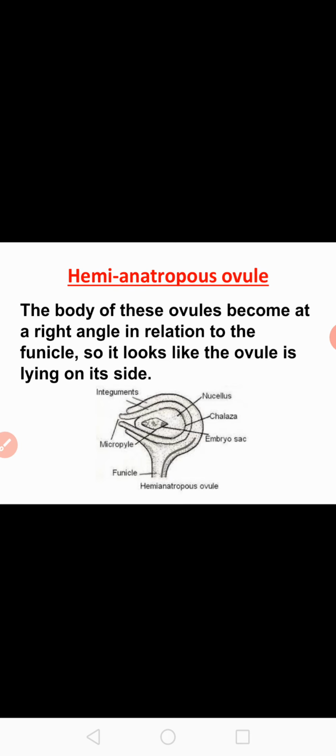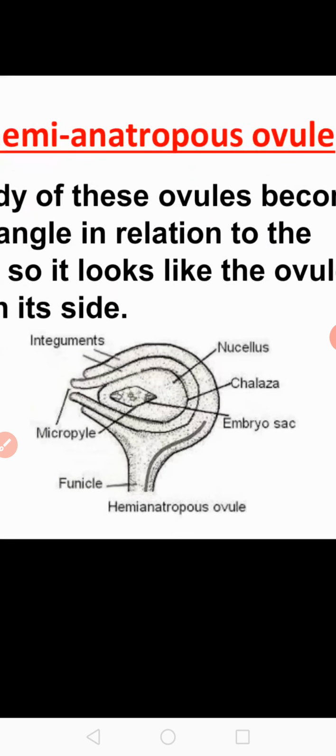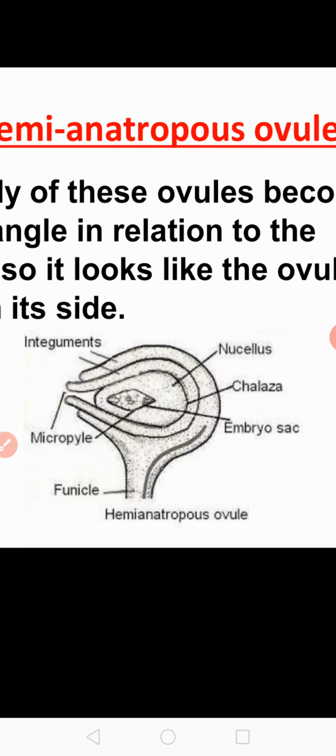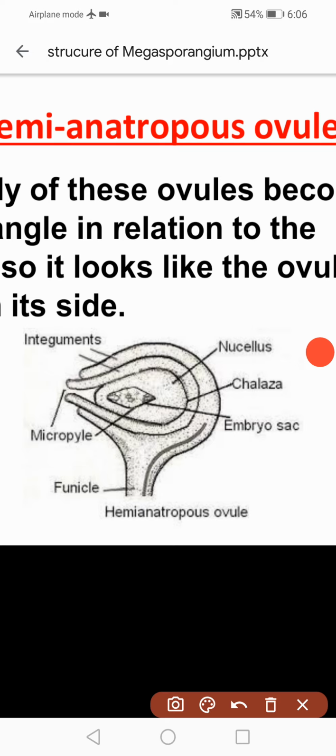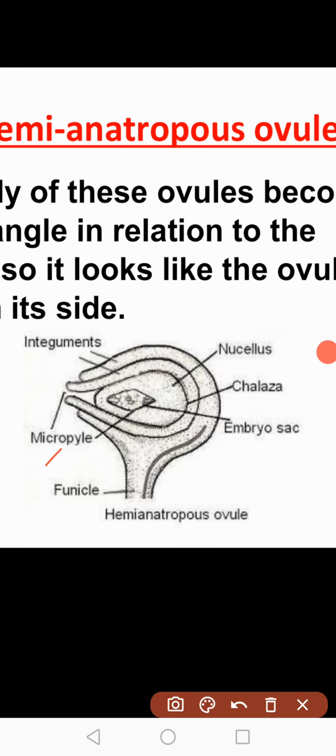Moving on to the third type, hemianatropous. The body of these ovules become at a right angle in relation to the funicle. So it looks like the ovule is lying on its side. In this type, the micropyle and the chalaza lie in the same direction, whereas the funicle is placed at right angles to the micropyle and chalaza.